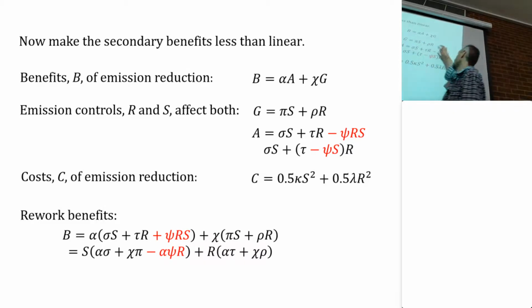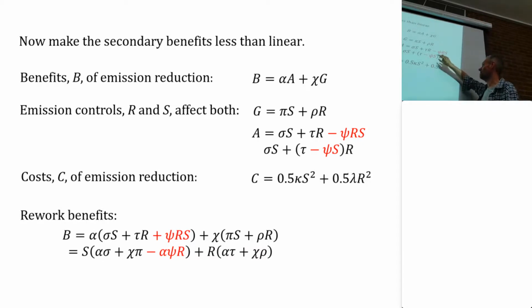Emission controls are the same as they were before, but I'm going to fiddle around with what is happening with air pollution, where I'm going to assume that rather than have this tau, where our efforts to reduce greenhouse gas emissions affect our air pollution, the effect of that effort depends on our air pollution policy S.